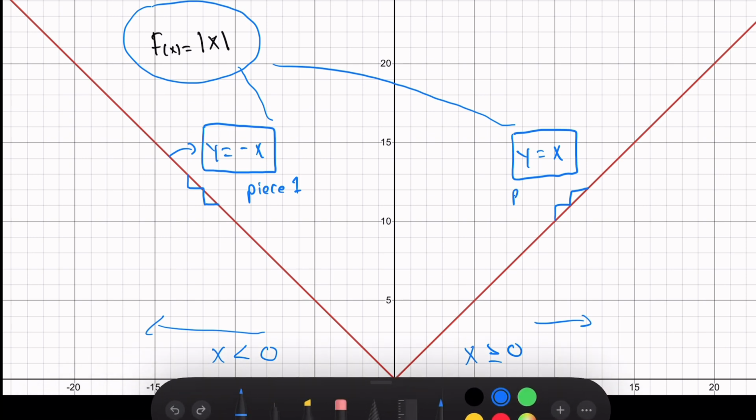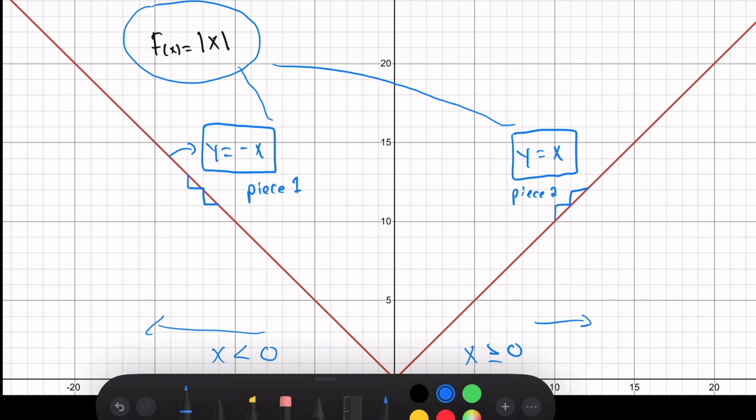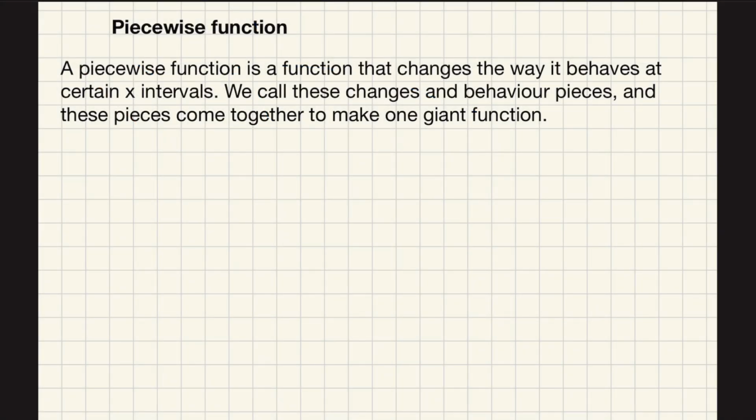And both of them piece together to make our absolute value function. So a piecewise function is a function that changes the way it behaves at certain x intervals. We call these changes in behavior pieces, and these pieces come together to make one giant function.